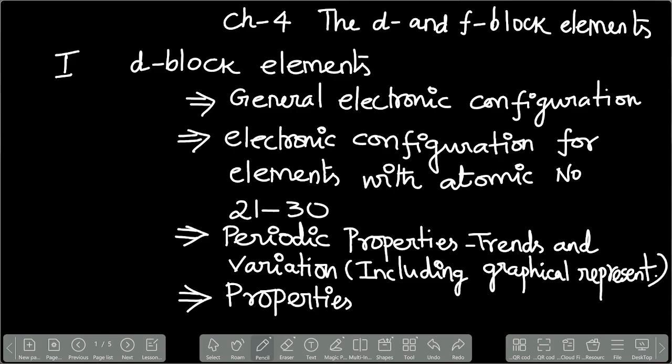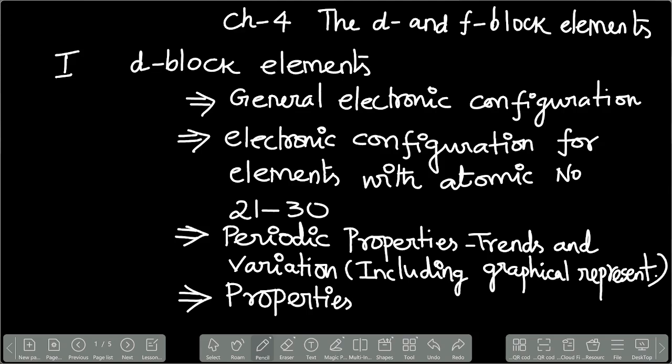Here particularly the atomic size and ionization enthalpy or ionization energy are very important, because nowadays they are asking graphical representation type questions. You may be asked to show the variation of atomic size from atomic number 21 to 30. Or else, instead of 21 to 30, you may be asked in the 3d series. So from scandium to zinc, right?